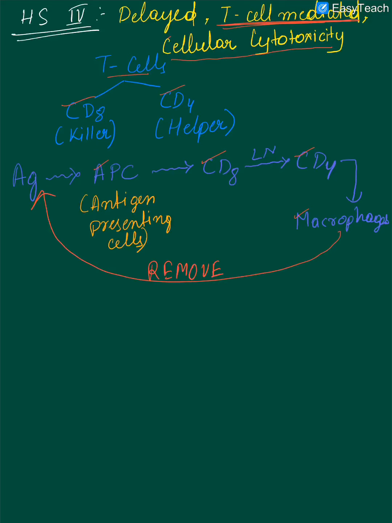Now, when we go for some examples, the most common example is the tuberculin test. This tuberculin test, which has protein from mycobacteria, is injected into the skin of the person.